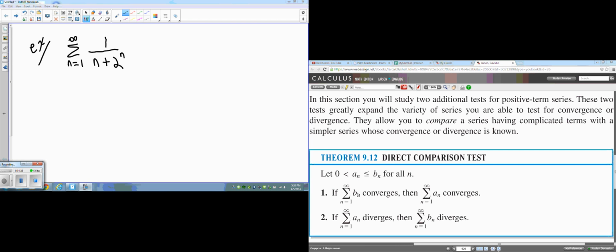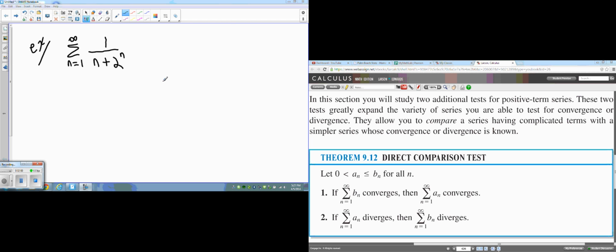So if b_n is going to converge, it's going to squeeze a_n under it and force a_n to also converge. And alternatively, if a_n diverges, if the one underneath diverges, it's going to force the one above to also diverge. So that's the direct comparison test.